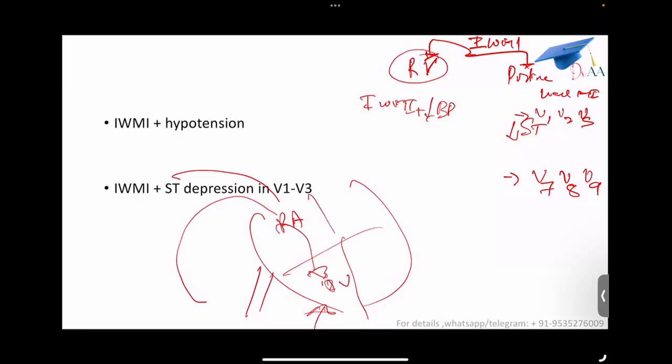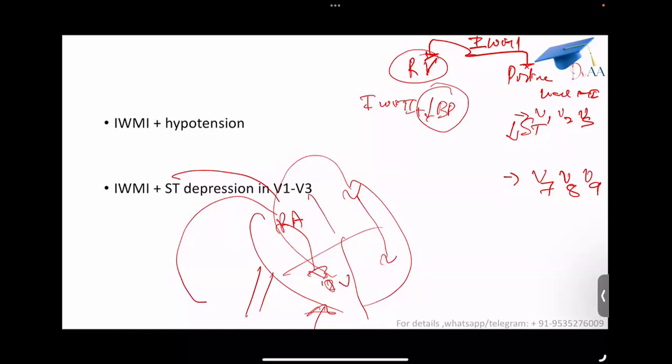The right ventricle has an infarction and is not able to pump. So no blood goes into the left atrium or the left ventricle, so there is no cardiac output. This is the pathophysiology behind low blood pressure in right ventricular involvement.